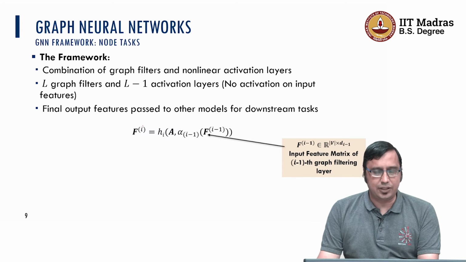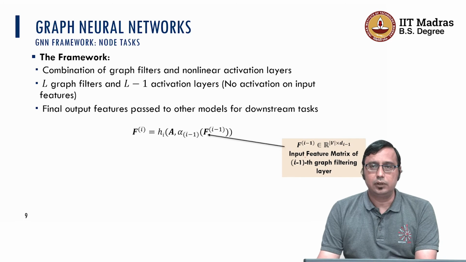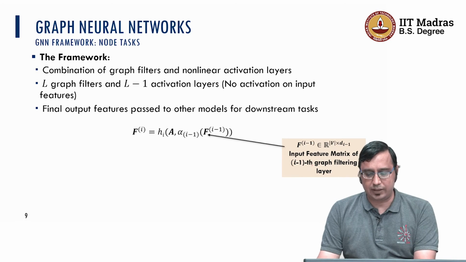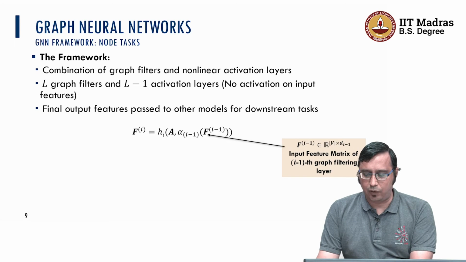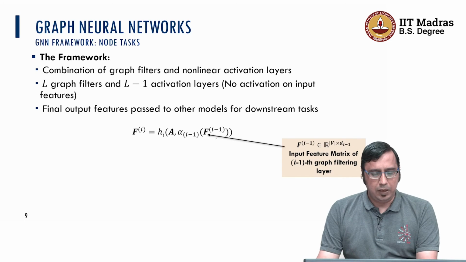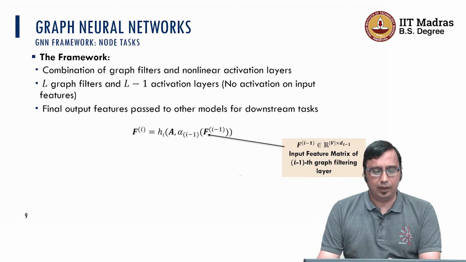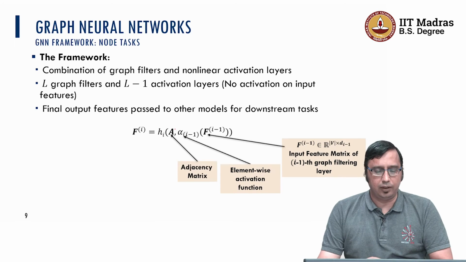At any stage, the ith stage, we'll take the input feature matrix of the previous stage, which is the I-1 graph filter layers, with dimension of number of nodes cross D I-1, and pass it through activation layers. The output, along with the graph structure in terms of adjacency matrix, will be passed through the graph filter.